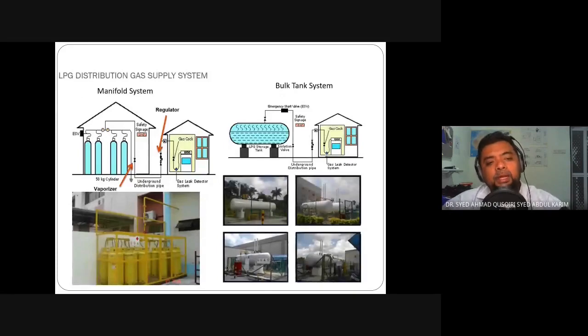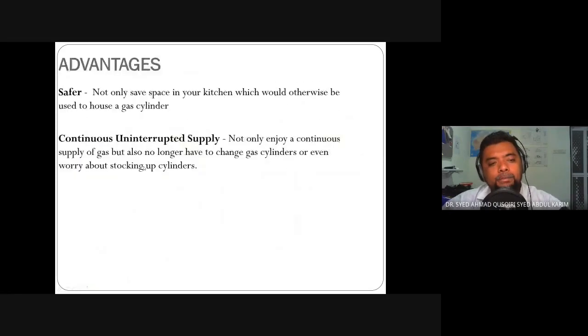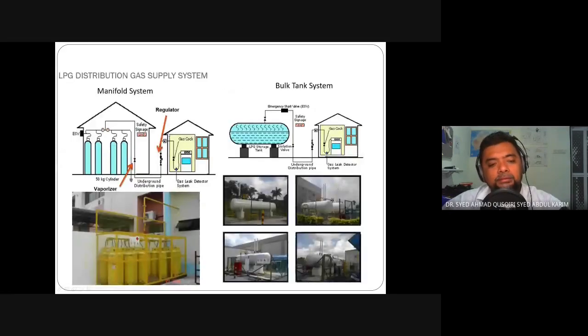So this is the manifold system. We can see that the building is connected to a series of gas tanks, so it's known as the manifold system. This manifold system would last very long.